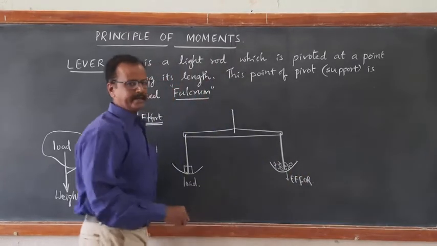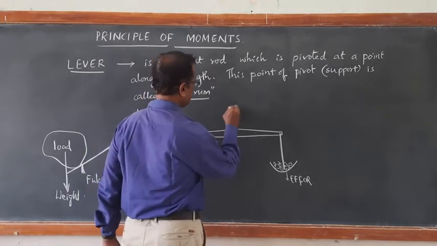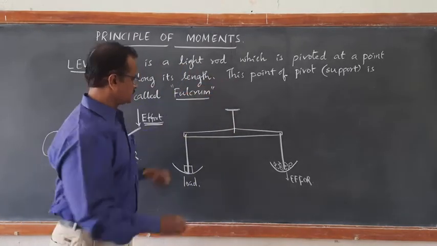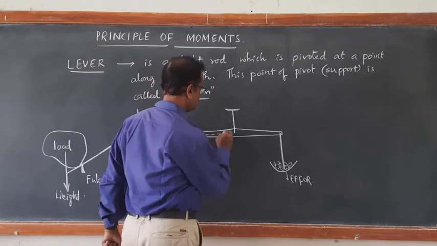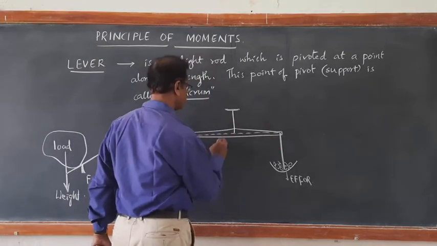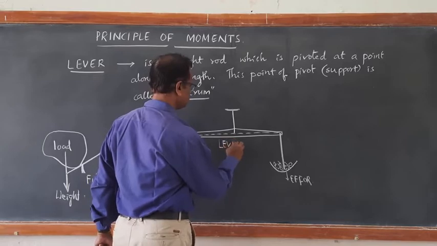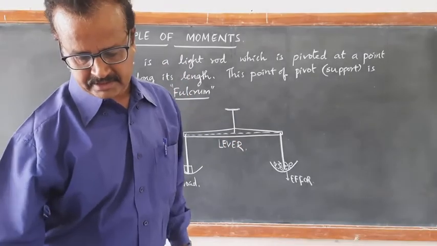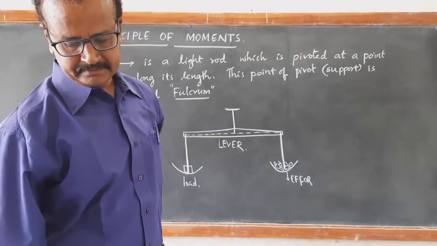Here it will be suspended, or held like this. So this horizontal bar acts as a lever. Beam bar of a balance acts as a lever.